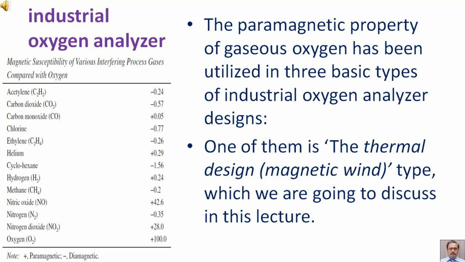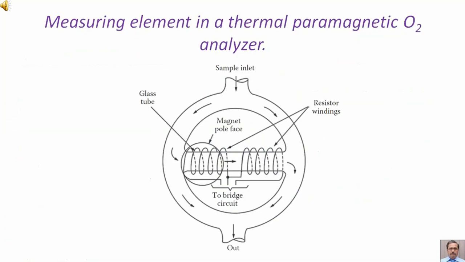One of them is thermal design, that is magnetic wind type, which we are going to discuss in this lecture. This diagram shows the measuring element in a thermal paramagnetic oxygen analyzer.